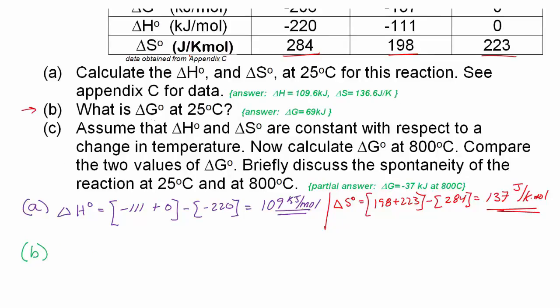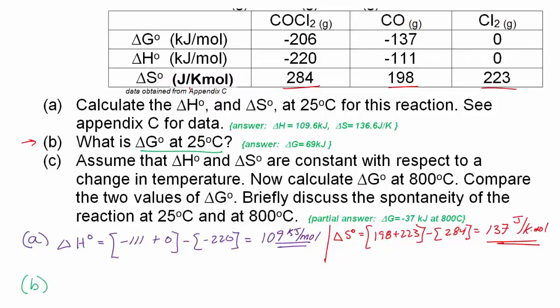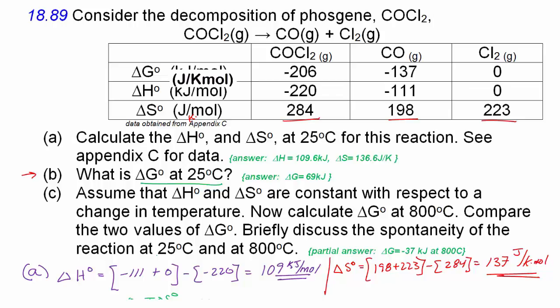What is the standard change in Gibbs free energy at 25 degrees Celsius? There's two ways to go about this. We could do it that way, or just use the table, products minus reactants. They'll both work. My T would have to be 25 degrees Celsius, plus 273. Let's just do the table, it's easier. Products minus reactants.